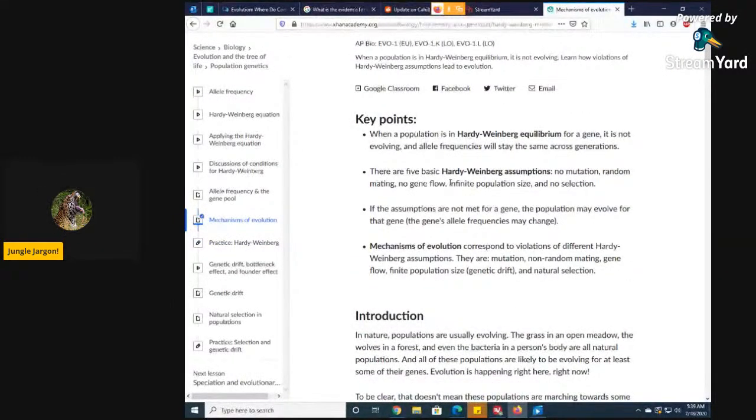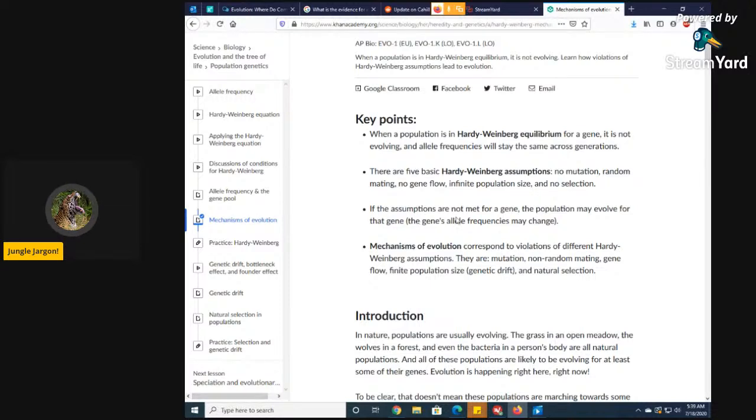So infinite population size and no selection. Okay. If the assumptions are not met for a gene, the population may evolve for that gene. Okay. So I guess no mutation, random mating, no gene flow, infinite population size, and no selection.